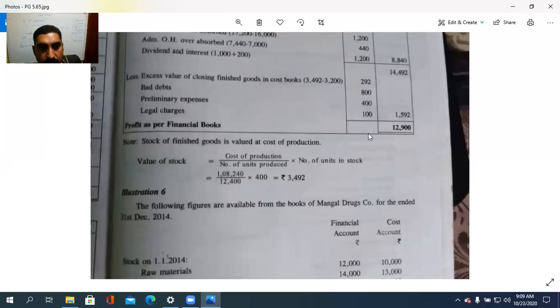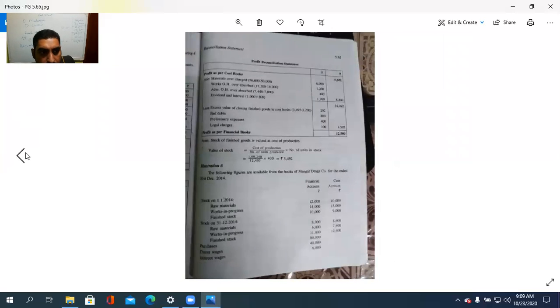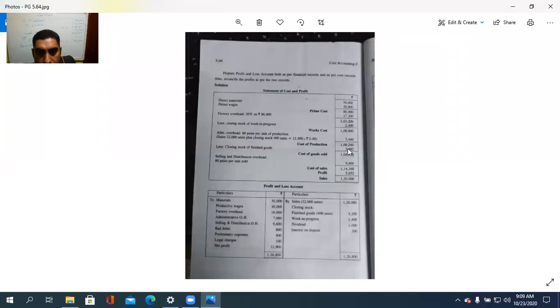See, cost of this one 108. Okay, that is for the closing stock of finished goods, isn't it? 12,000 units plus closing stock 400 units. So 12,400 total. Okay, what do we do with it? We multiply it by 60 paise per unit.